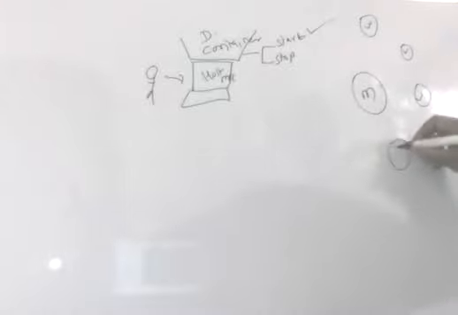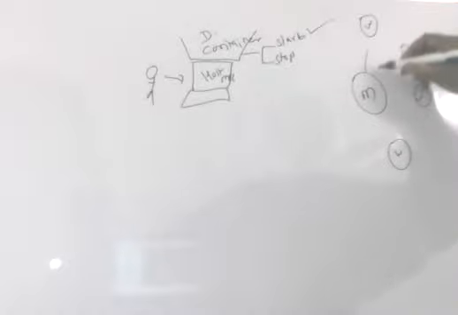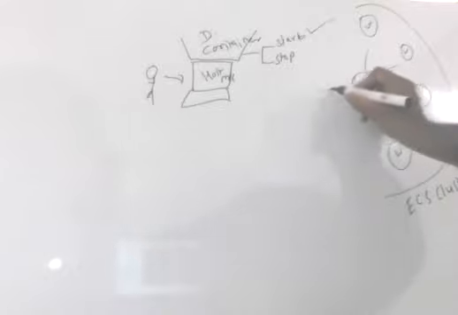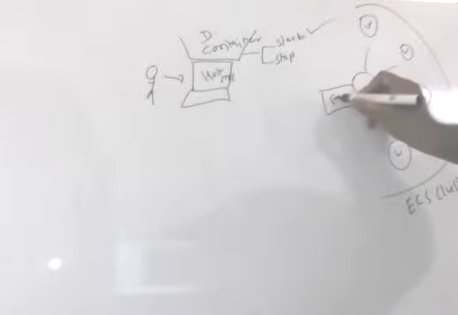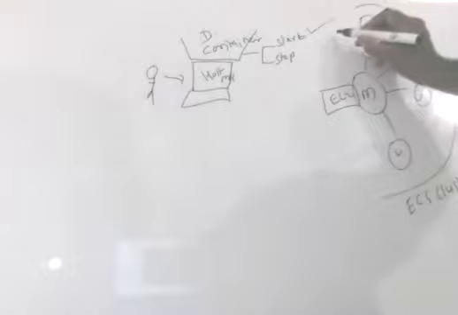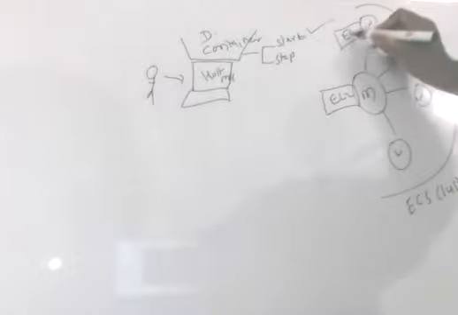This is called an ECS cluster. Master is the controller, workers are the working nodes. This kind of cluster is called an ECS cluster. Master is nothing but an EC2 machine. Worker is also an EC2 machine.